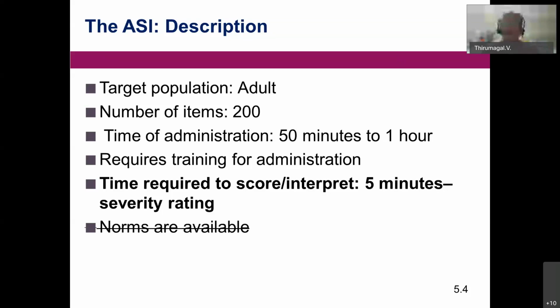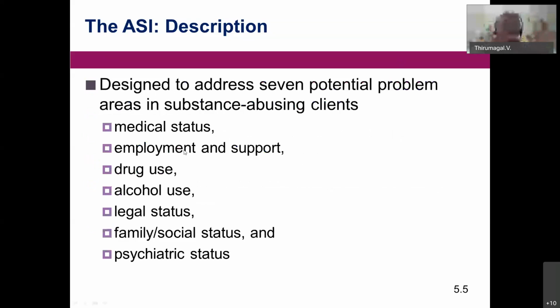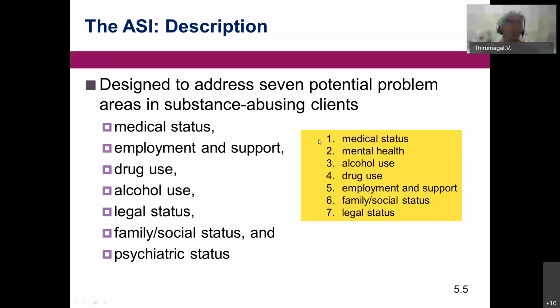Okay, let's move. In the ASI, we are discussing 7 major areas. All those areas are listed here, but I like to remember it differently so that it is easy for my memory. I remember it like this: medical problems, mental health problems, alcohol use, drug use. If I have alcohol and drug use, I need money. That means I need employment. So I remember it as employment and support.